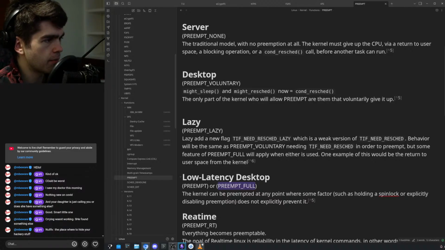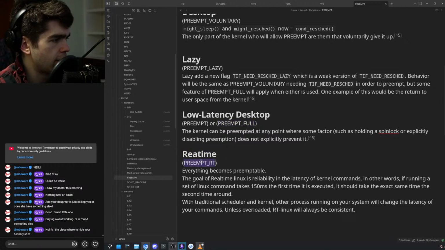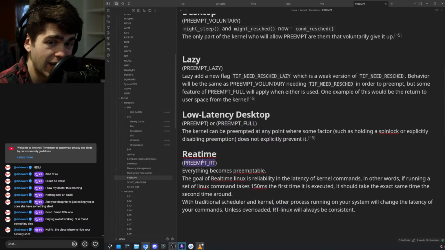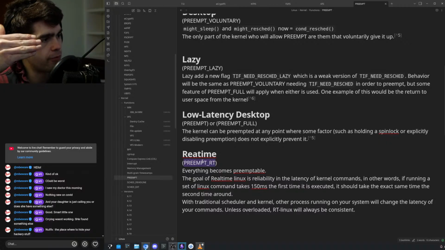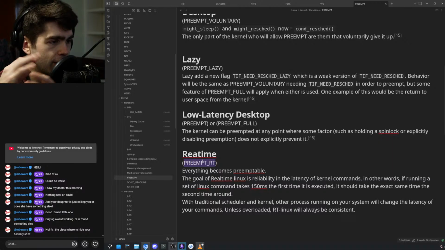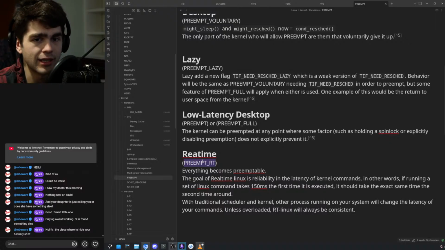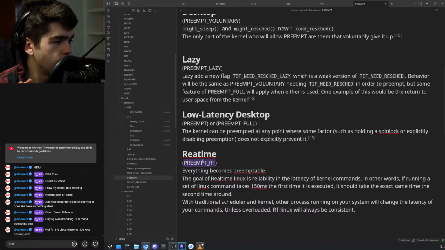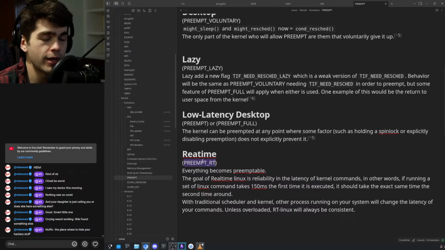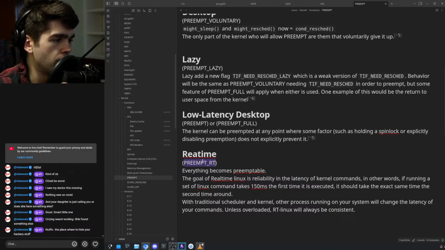That's the basics. And if we go one step further, because it's probably important that I talk about it as well, preempt RT, so a real-time kernel, is actually one step further than preempt full. With preempt full, you could say they're going a little bit crazy by telling you that you can preempt pretty much anywhere, but real time is another step where your brain flows out of your skull and you become unhinged, to the point where traditional places that would normally be impossible to preempt become preemptable just because.